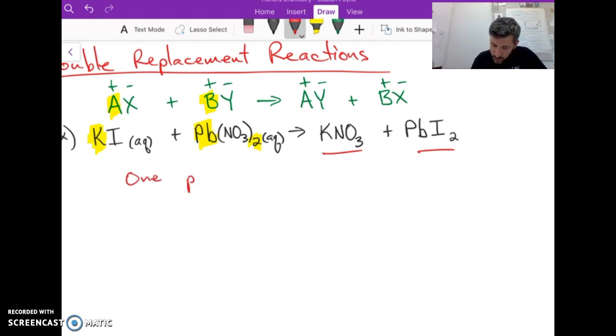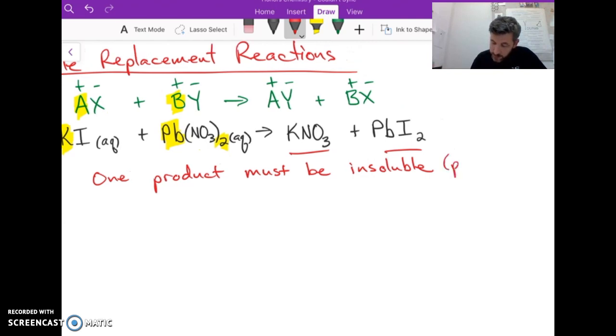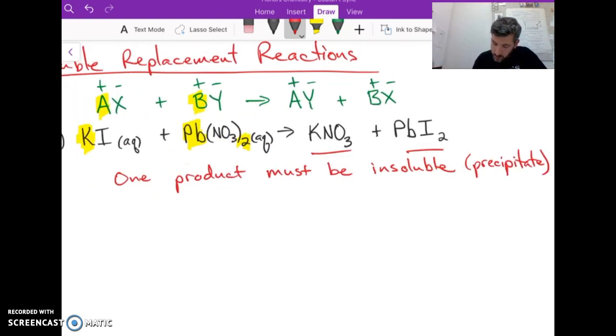So one product must be insoluble, and essentially we mean, if you remember a word from last time, that it must be a precipitate, for a reaction to occur.